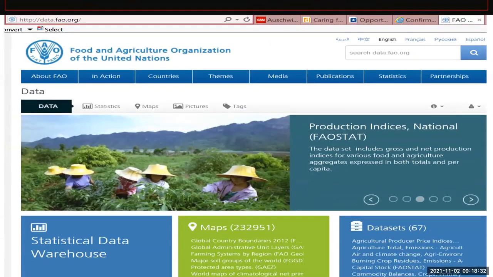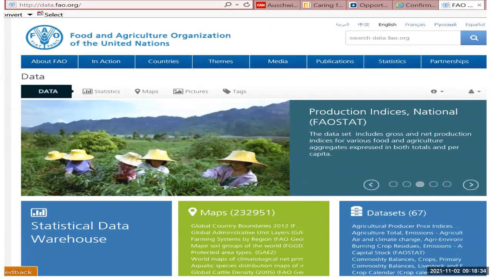Other sources of data, we're going to work through those. The FAO, Food and Agriculture Organization, you can see here they've got 332,000 maps. They have 67 data sets. This is more from a production standpoint, in how much acreage is planted of a single product, how many hectares of apricots are planted in what country.